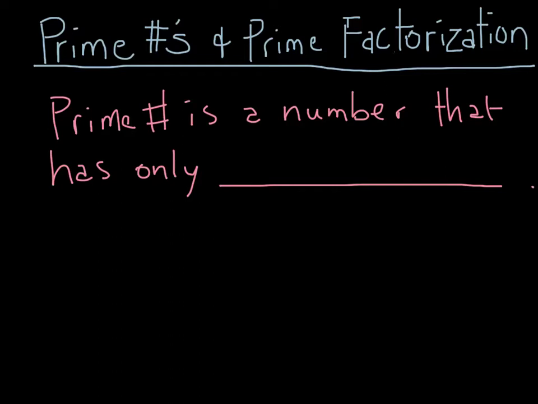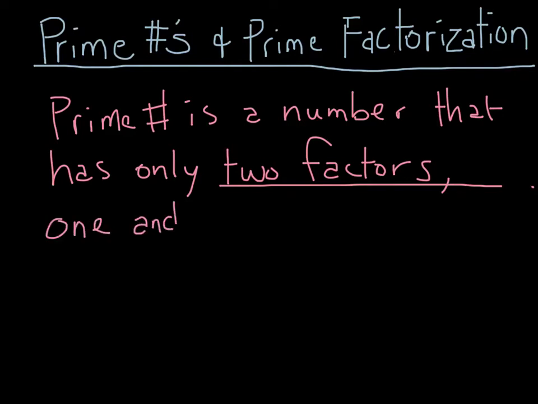Okay, you should have said something like, a prime number is a number that has only two factors. And if you wanted to be real specific, you would say 1 and itself.